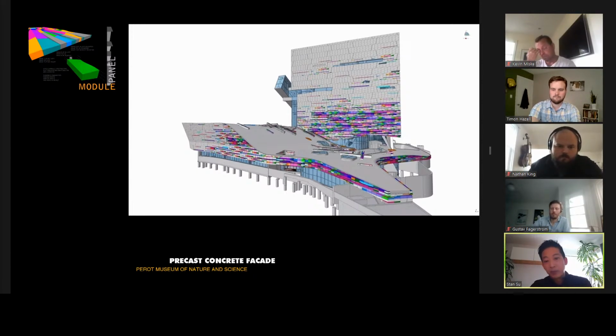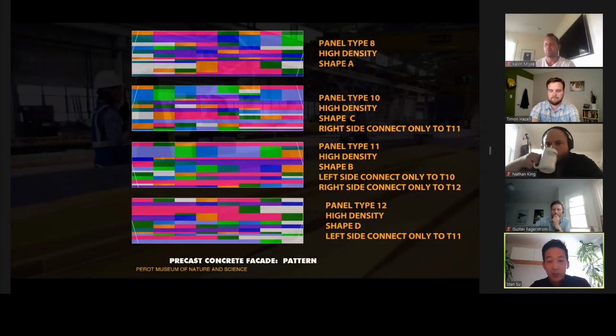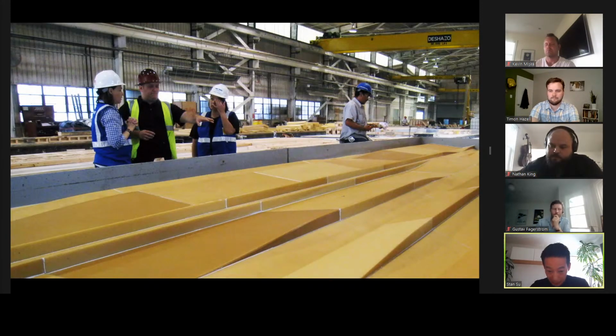So on this project, the client was really into the idea of having some skin in the project, some risk, right? And this client was a very traditional manufacturer. We worked hand in hand with them to develop a process that could achieve a certain amount of variability and complexity, but working with their methodology in forming.